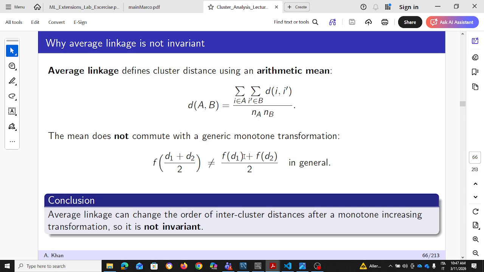In the other case, if you first apply the transformation to each distance, first to the first cluster distance, then to the second cluster distance, and then sum them and take the mean, maybe you will receive 4. So you see the distances are different, and then you will have a completely different shape inside the cluster. So for these reasons it is not invariant.